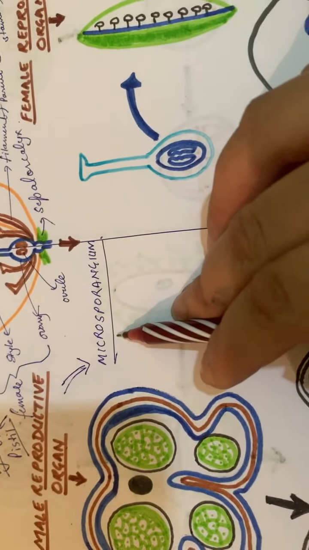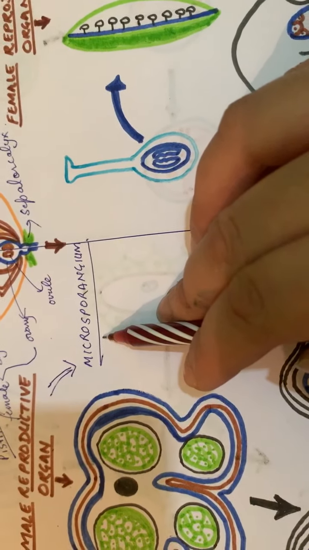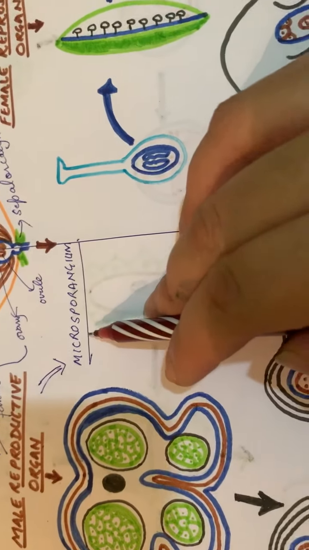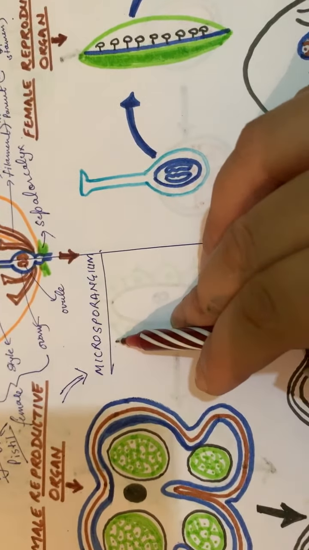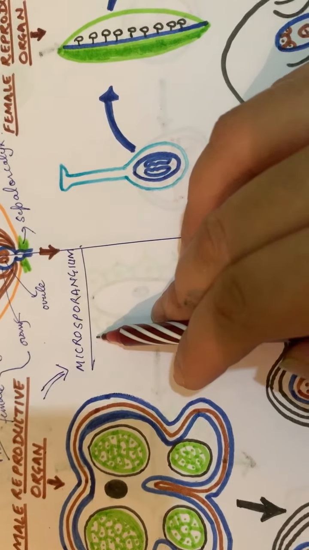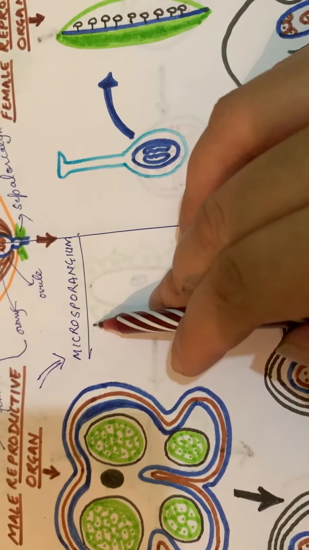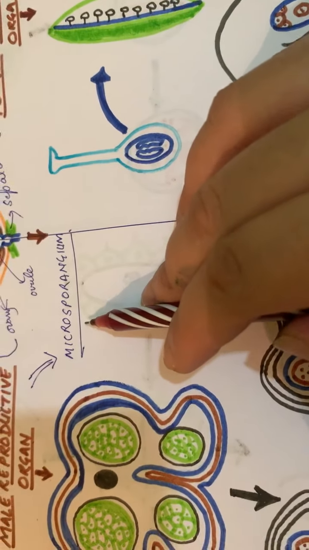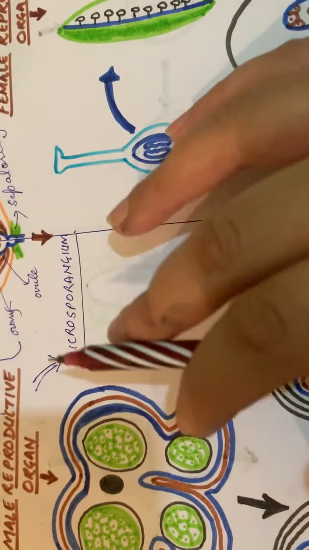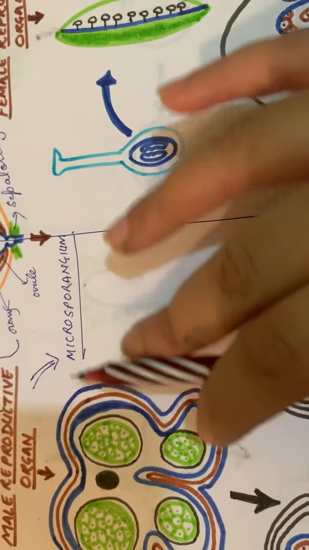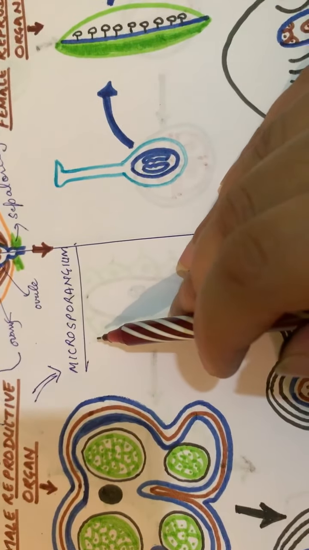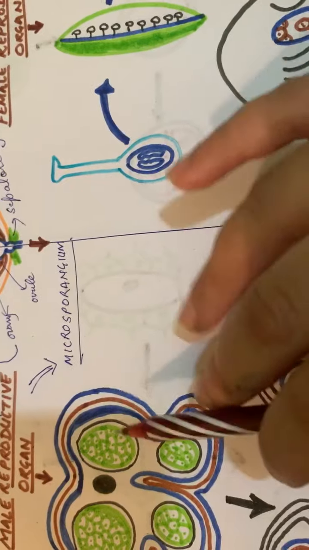If you remember, children, we learnt about the plant kingdom in class 11, and I taught you the different divisions: Thallophyta, Bryophyta, Pteridophyta, Gymnosperms, Angiosperms. In Pteridophyta, two kinds of spores were found, microspore and megaspore, and that is a kind of evolution in the plant kingdom.